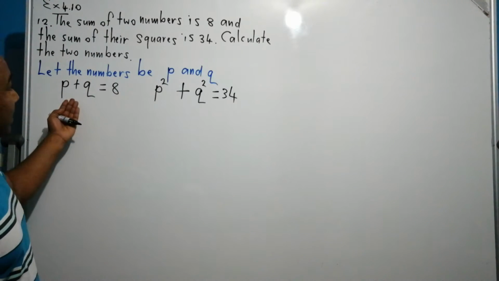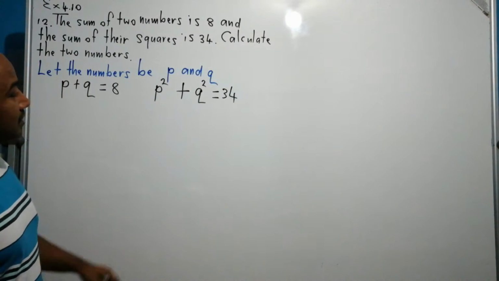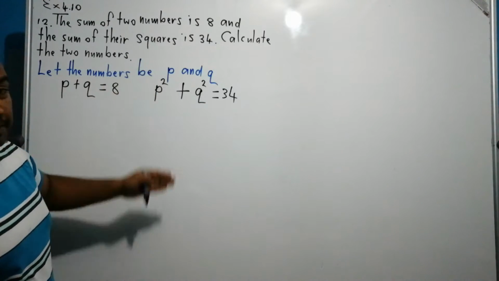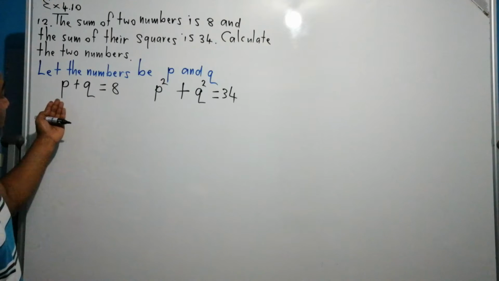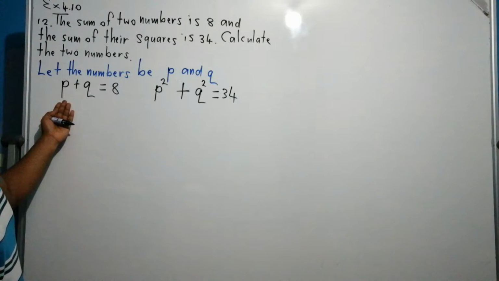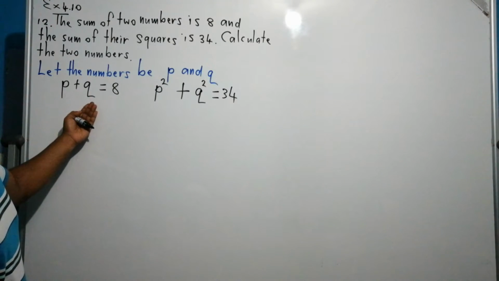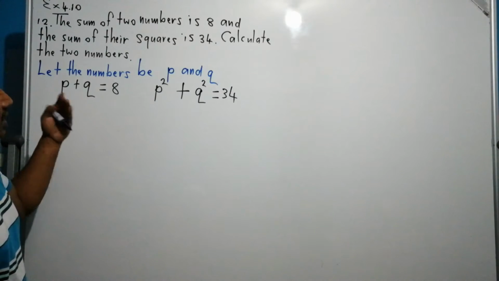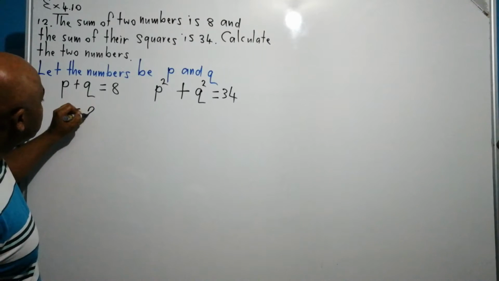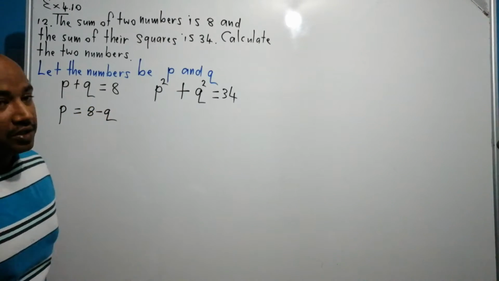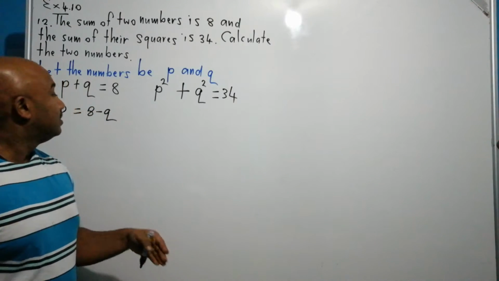So now we have a linear and a quadratic. You got a power 2 there. Right, so now what you can do is either make P the subject of the formula or Q the subject of the formula. It doesn't make a difference. Let me make P the subject. So P is equal to 8 minus Q, or if you call it X and Y, it's up to you.